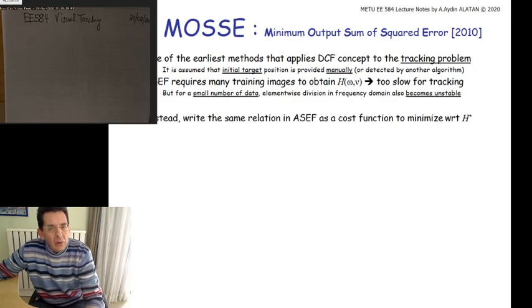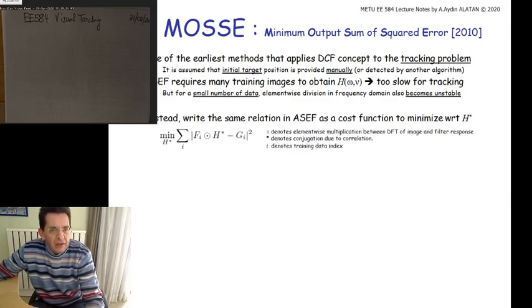And then we do a little trick here. Instead of simply dividing to obtain the filter, let's write it this way. In the frequency domain, everything is in the frequency domain. These are frequency-wise multiplications, and this is the G function, again in the frequency domain. We are just simply minimizing this difference.